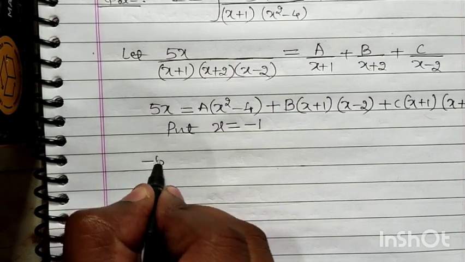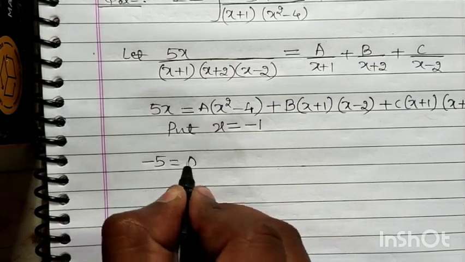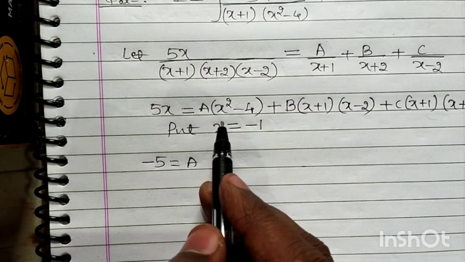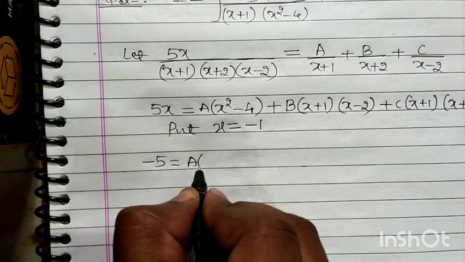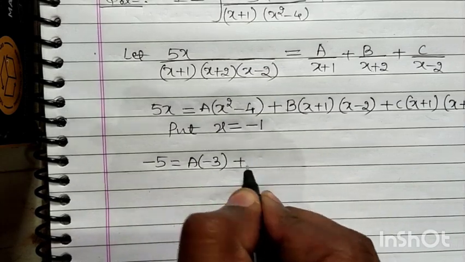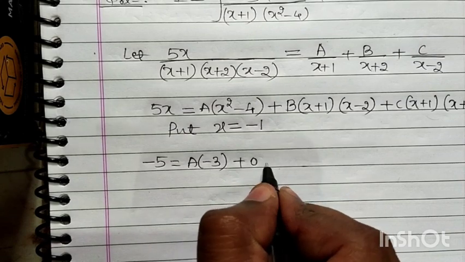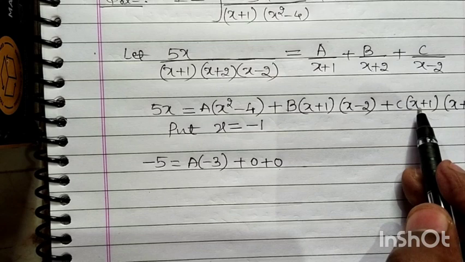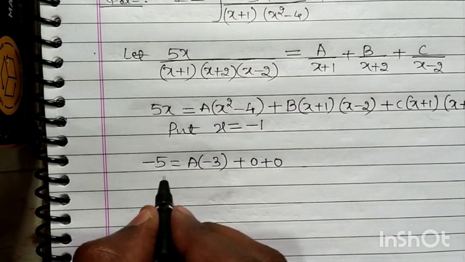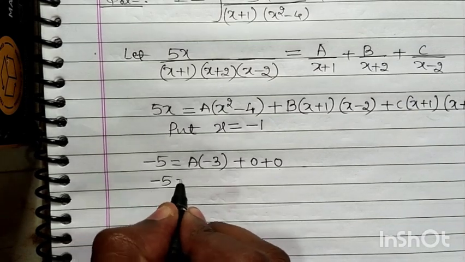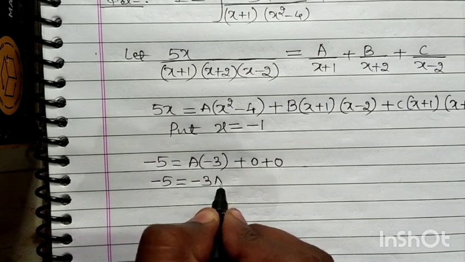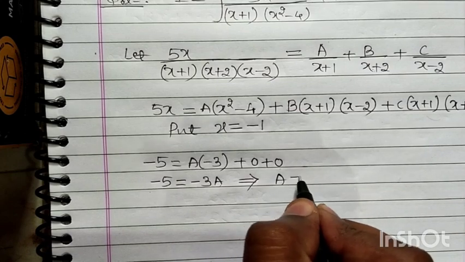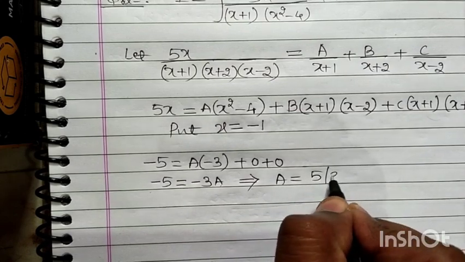We get minus 5 here, which is equal to A into, here it is x square, that is minus 1 the square will be plus 1, 1 minus 4 will be minus 3, plus 0 plus 0, because if you put minus 1 here, minus 1 plus 1 will be 0. 0 into anything is always 0. So minus 5 is equal to minus 3A. This implies, minus and minus get cancelled, A is equal to 5 divided by 3.